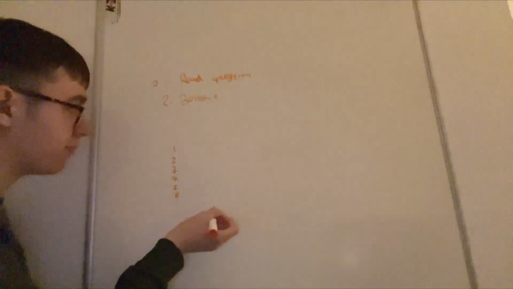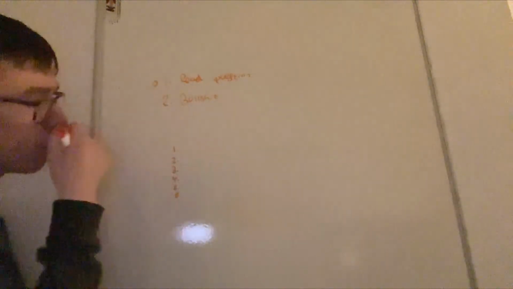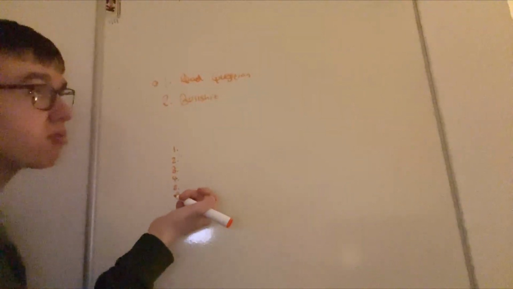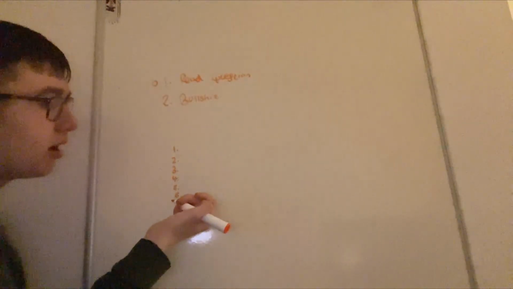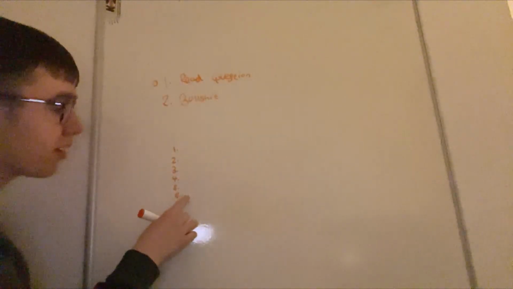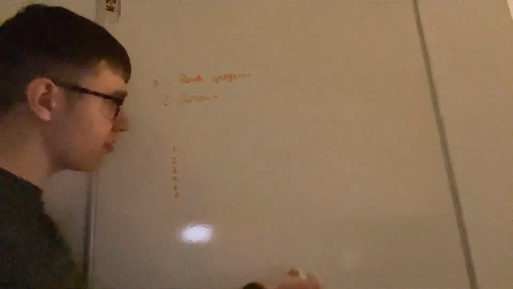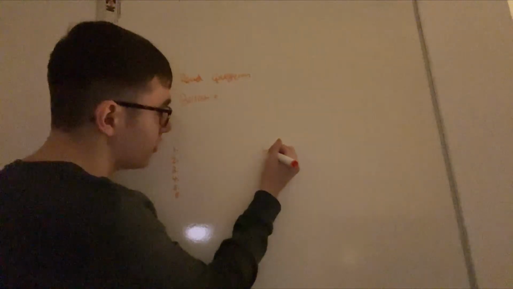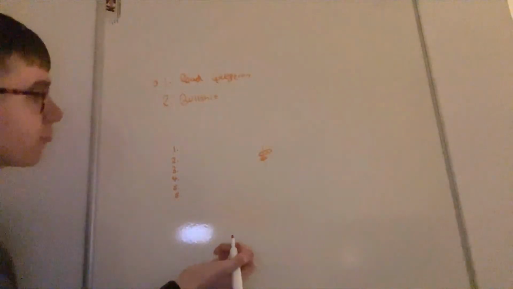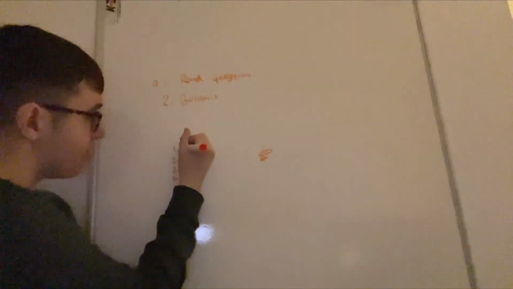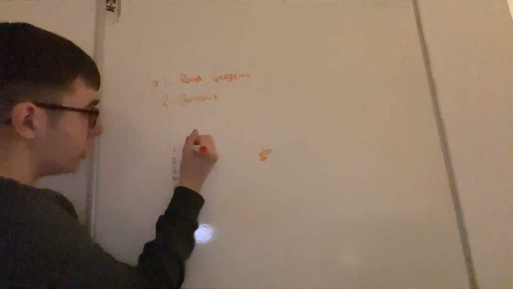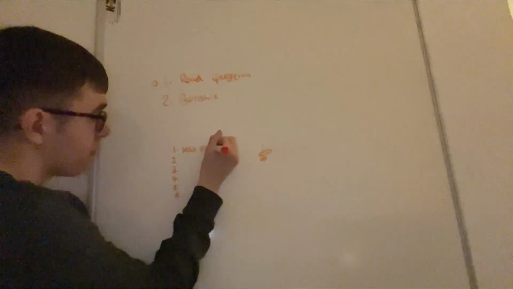Elaborate on your point. Let's say the question is, explain why discoloration of leaves could lead to stunted growth. So what you could say there is the lack of colour could lead to less photosynthesis.